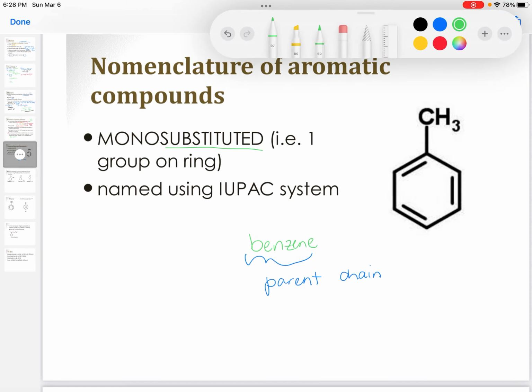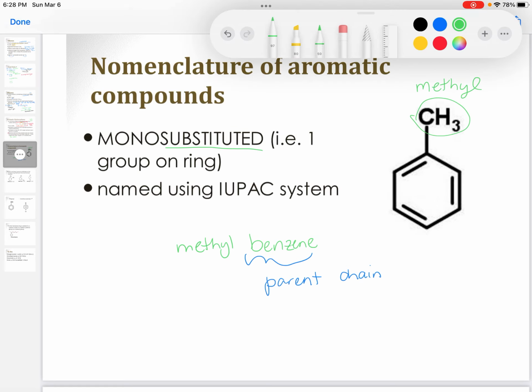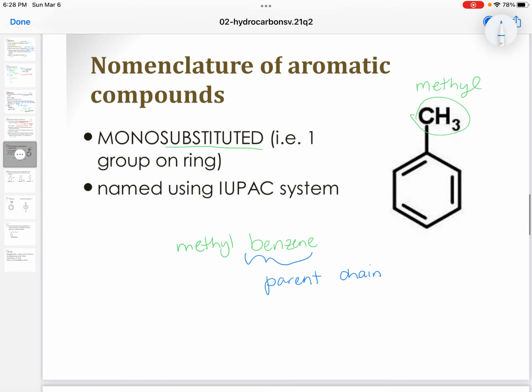And then this group is a methyl because it's one carbon. So this is called methylbenzene. And it falls victim to the same ideas as the other cyclic compounds. You often will see it written as methylbenzene because there is no beginning and no end. But if you would like to write in the one, you can.